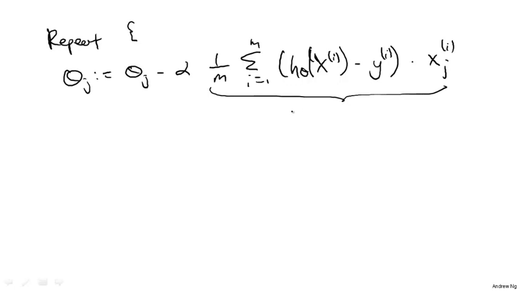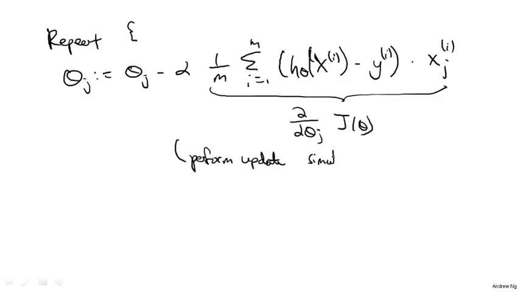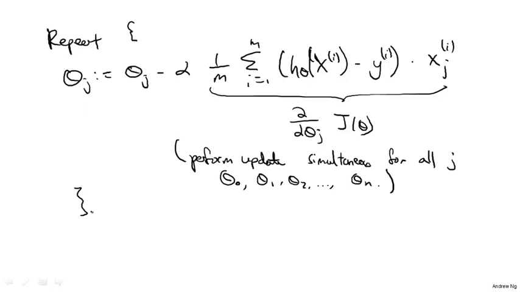Where of course this is just that partial derivative term that we worked out just now. And you perform this update simultaneously for all j, meaning you do this update for theta 0, theta 1, theta 2, and so on up to theta n, where n is the number of features as usual. Okay? So let's see how this gradient descent algorithm works when we apply it to linear regression.